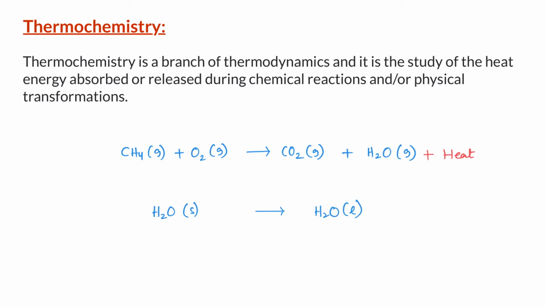Next, let us consider a physical transformation in which a piece of ice melts into water at room temperature. In this reaction, the heat is absorbed. That is, heat is on the reactant side of the reaction. To discuss the energy changes involved in such reactions and to visualize the direction of energy flow or heat flow, scientists often divide the entire universe into two parts: system and surroundings.